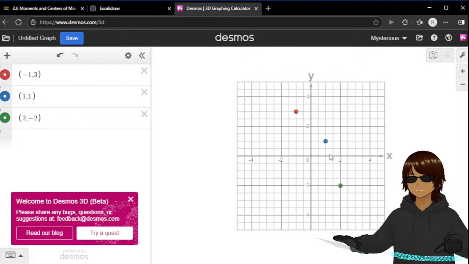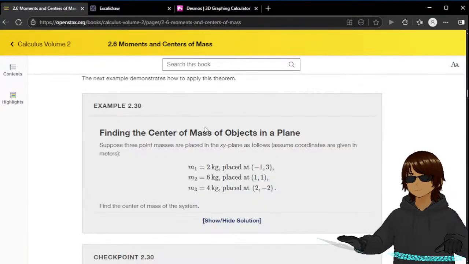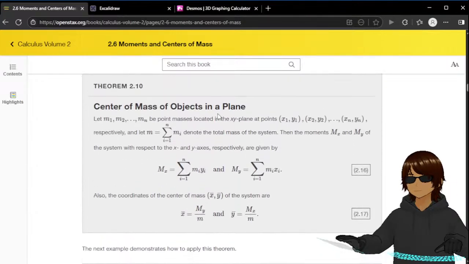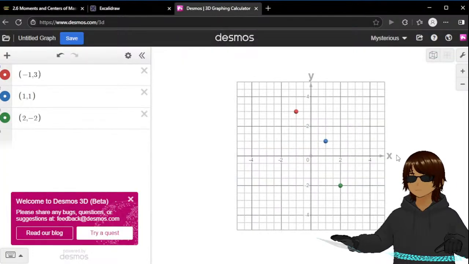We need to find the moment in the x direction, like if these points were on a seesaw on the x-axis.